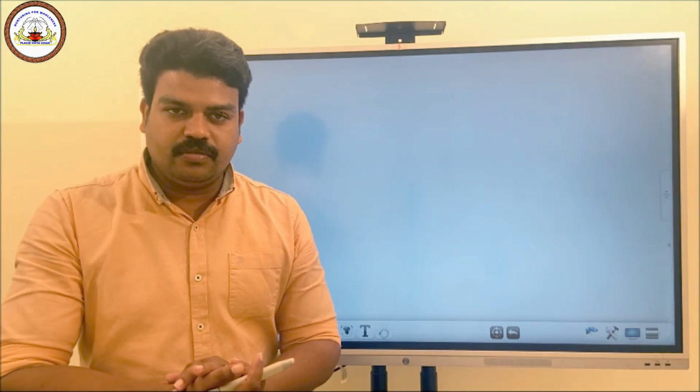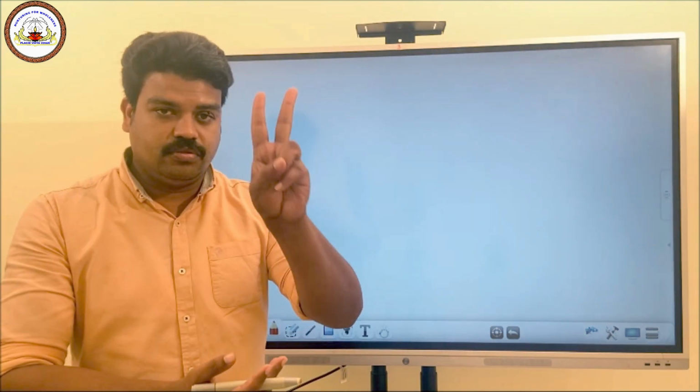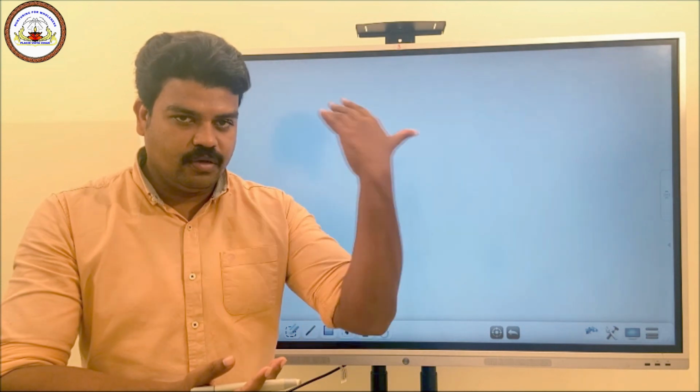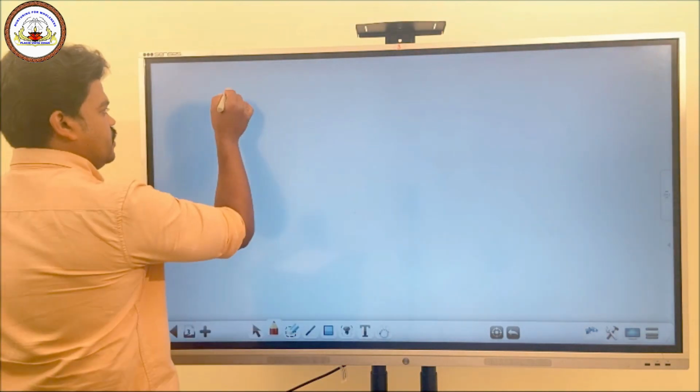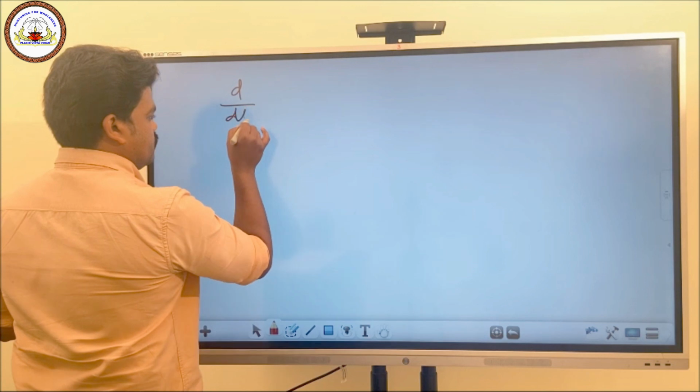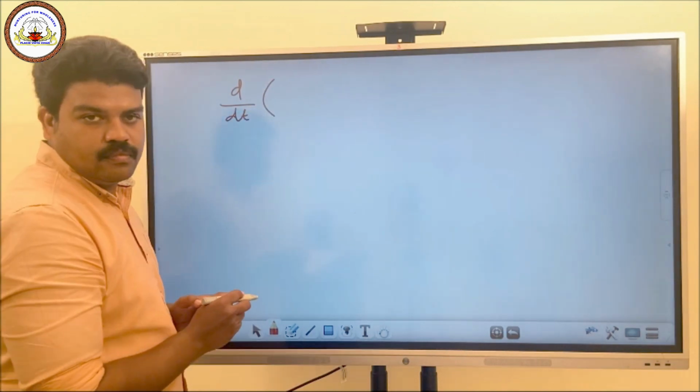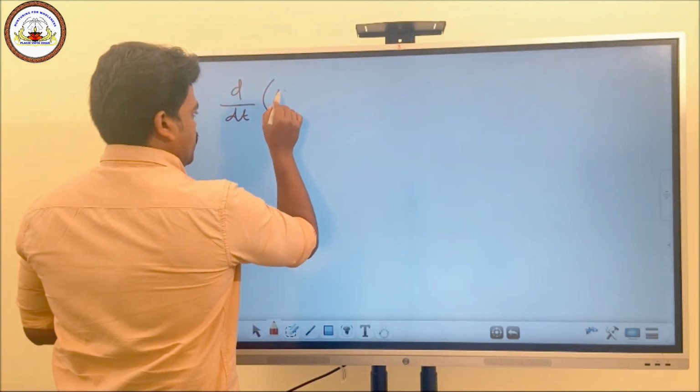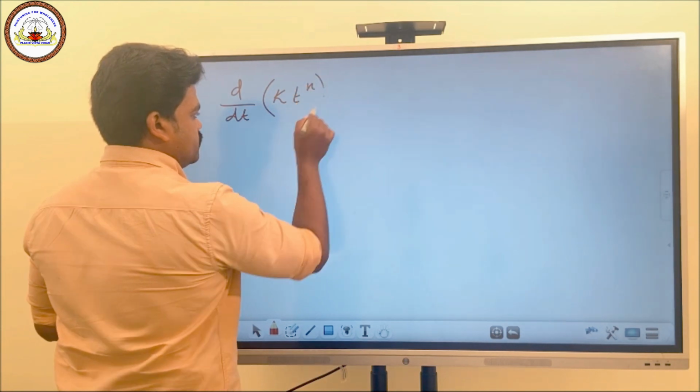After splitting that, we think about a major rule of differentiation, like d by dt of k into t raised to n.